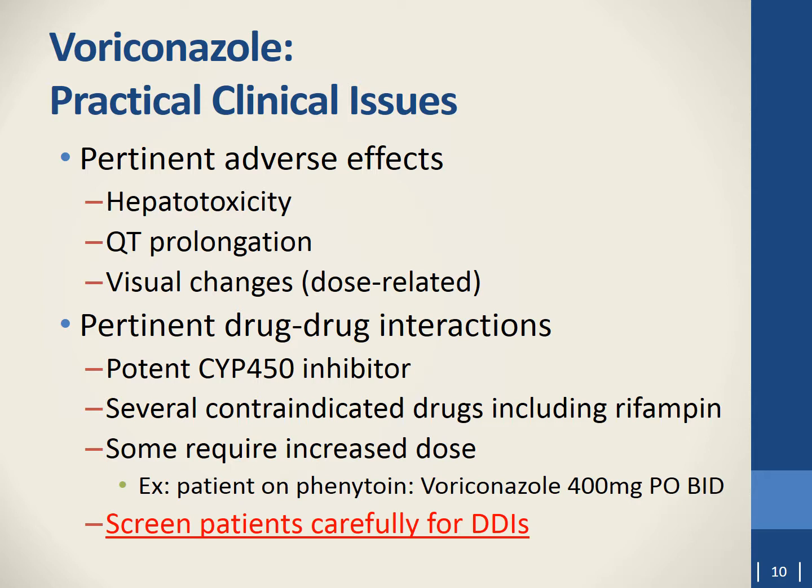So an example would be if you do have a patient on phenytoin for seizures, they recommend increasing the initial voriconazole dose to 400 milligrams rather than 200 to 300 milligrams. So the bottom line for this is patients should carefully be screened for drug-drug interactions before voriconazole is prescribed so that we can ensure that they have the most adequate dosing regimen.